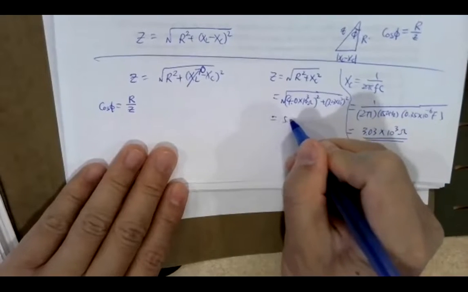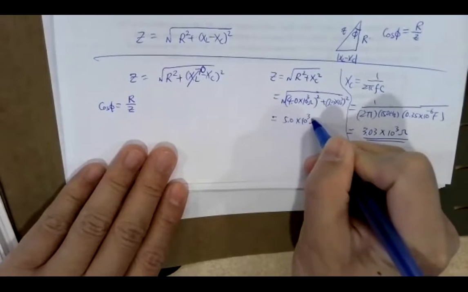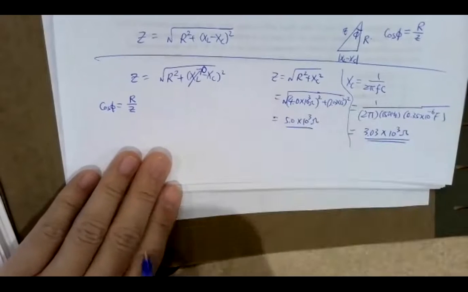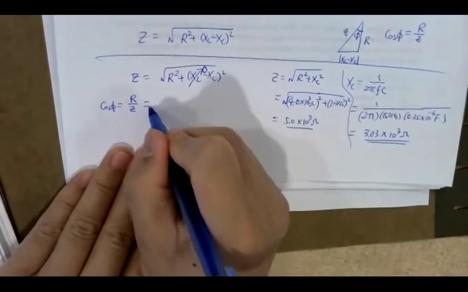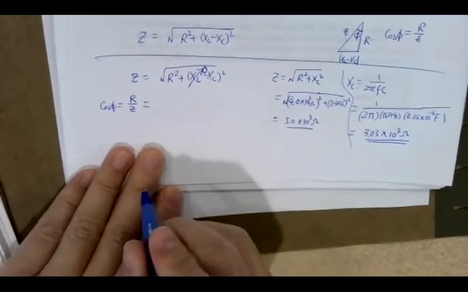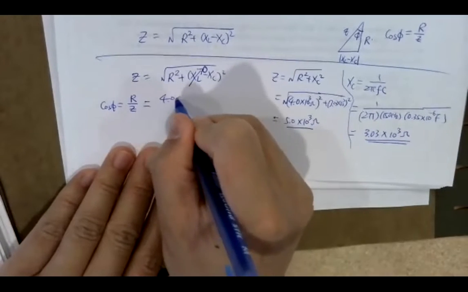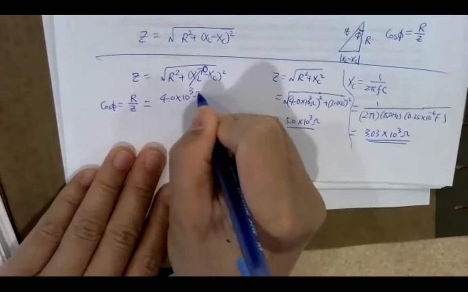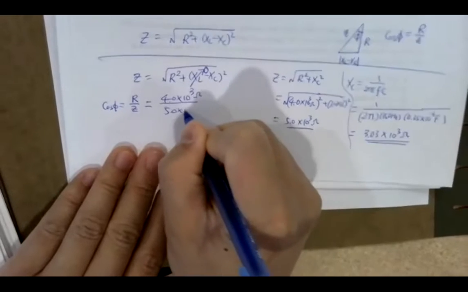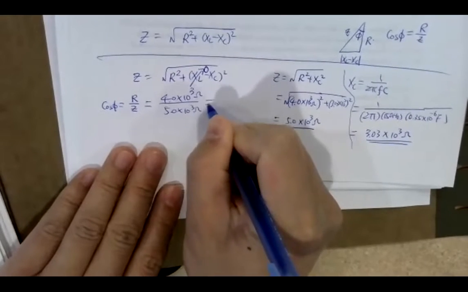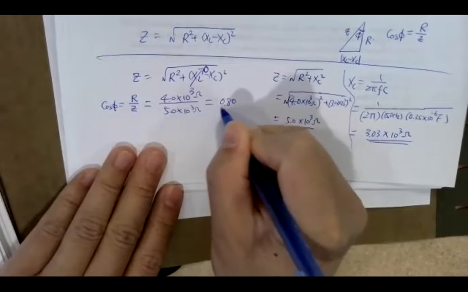So this would be equal to 5.0 times 10 to the third ohms, okay? Then you can calculate what's R over Z. R over Z is going to be 4.0 times 10 to the third over 5.0 times 10 to the third, okay? That equals 0.80, okay?